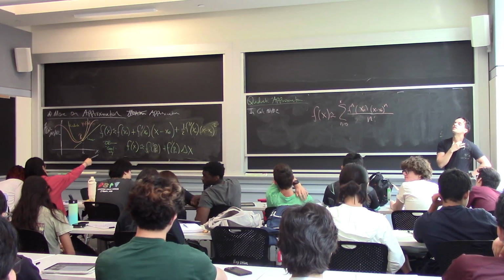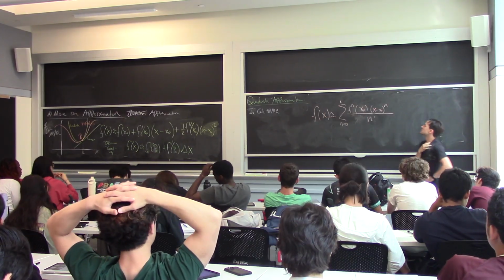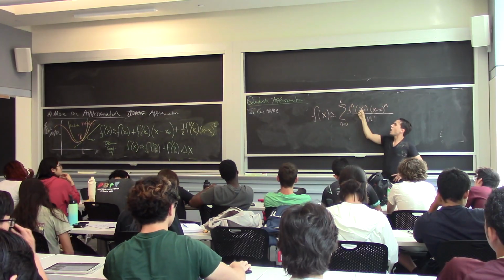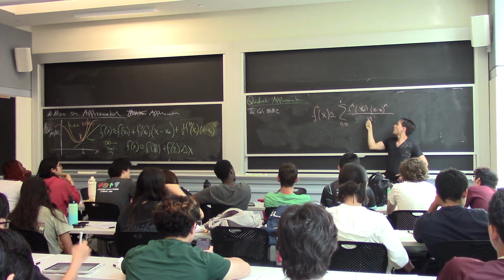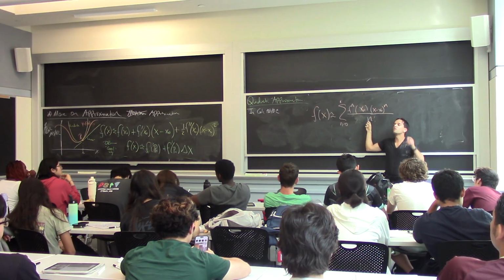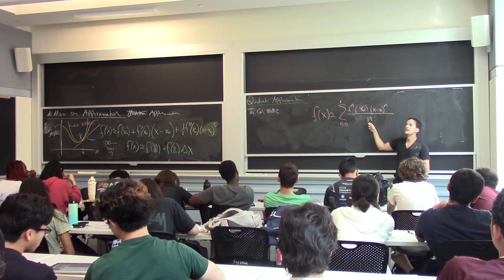Vaughn, speak up, I can't hear you. How did we get from that thing to that thing? Okay, so when n equals 0, this is just f of x naught times 1, and that's 0 factorial, which is 1. When n equals 1, this is the first derivative times x minus x naught over 1. What's the second term?